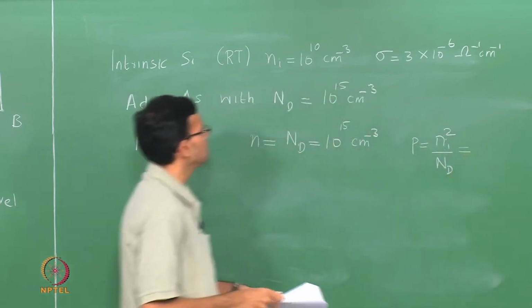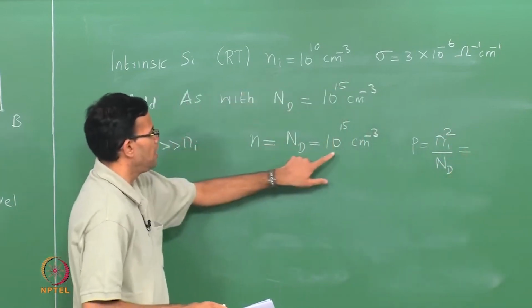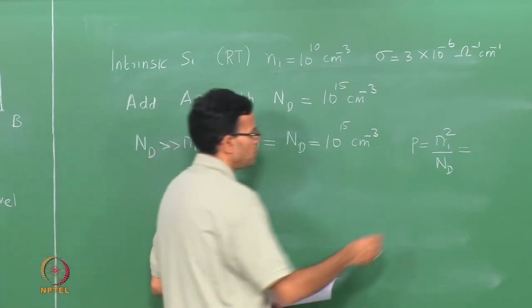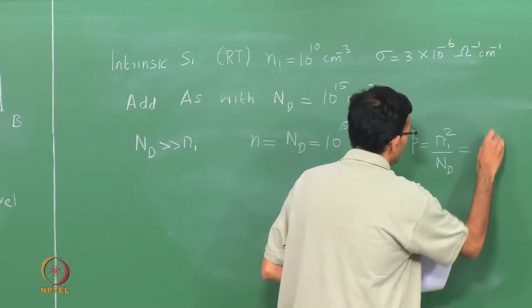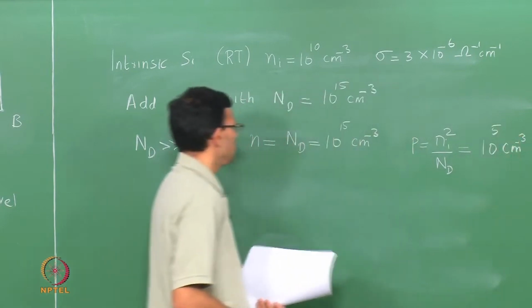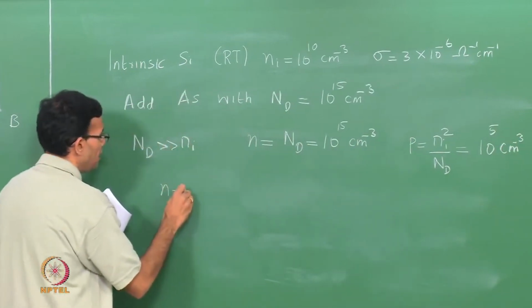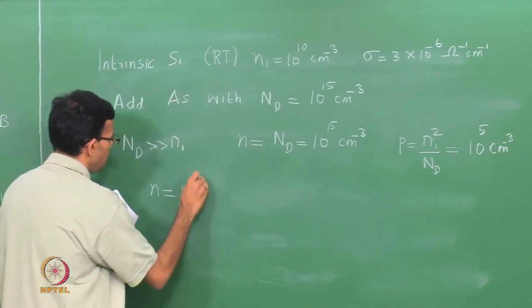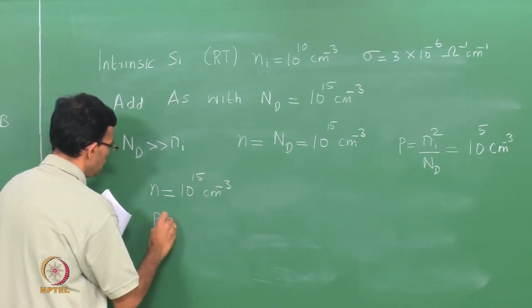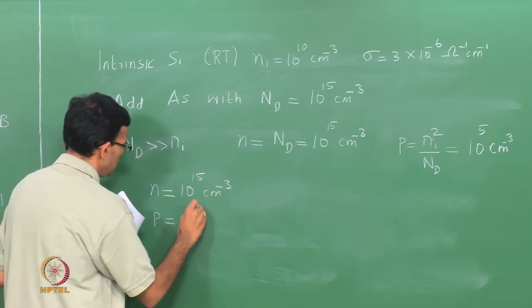If you do the math, Ni is 10 to the 10, Nd is 10 to the 15. So, Ni square is 10 to the 20 divided by Nd, which is 10 to the 5. So, we have a concentration of electrons which is 10 to the 15, and a concentration of holes which is just 10 to the 5.